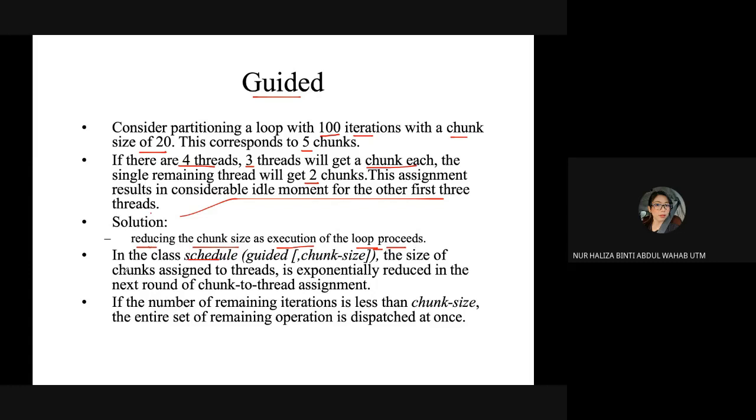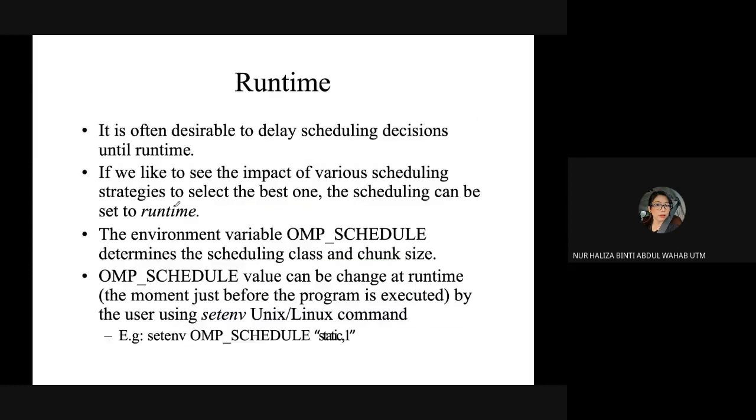The size of the chunk assigned to a thread is exponentially reduced in the next round of chunk to thread assignment. So this is under guided. You can see a solution for how you're going to solve the situation given. This one is only one example.